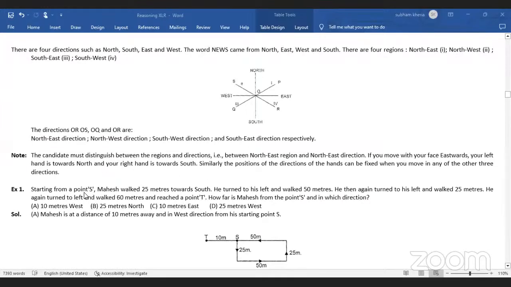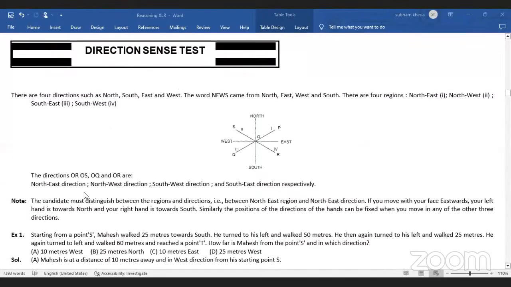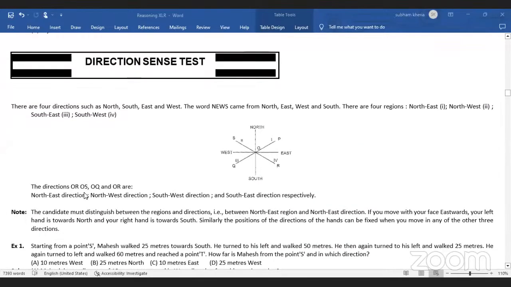Okay, see the first question. Try to solve the first one. I guess all of you can solve this. Please solve the first question, guys. You don't need my help.